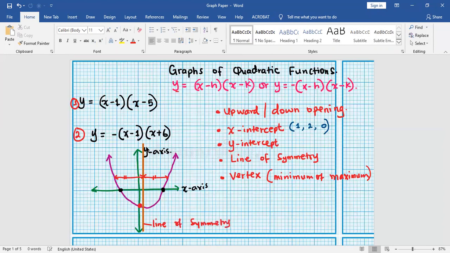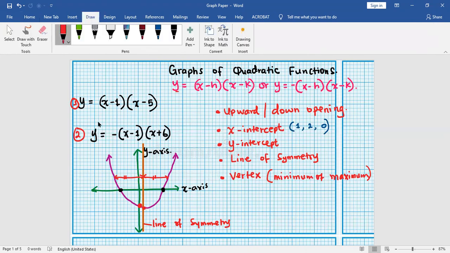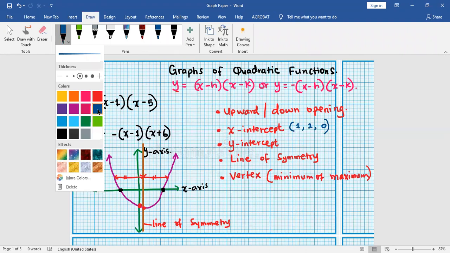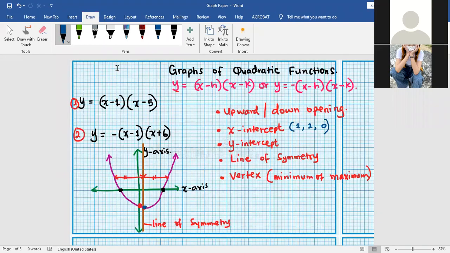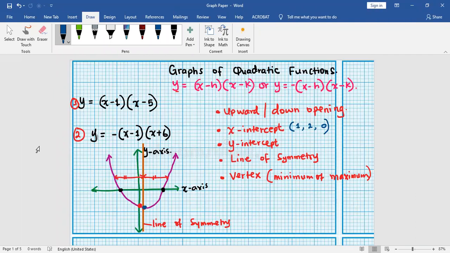And then the vertex, it is around here. Let me get another color. Let me use blue. This one will be the vertex. Okay, now those are the points.